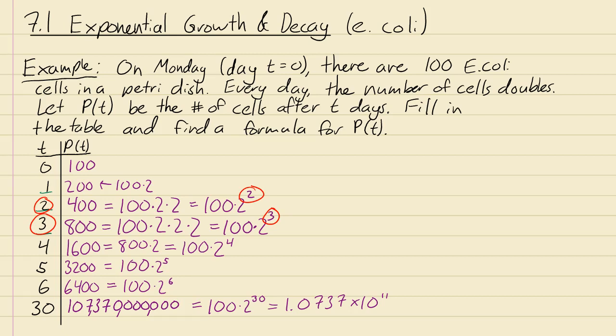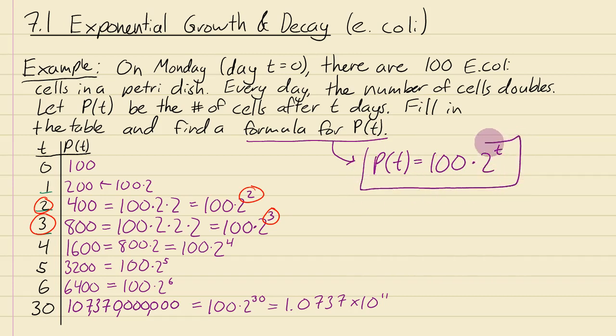So it looks like the formula for p of t should be p of t equals 100 times 2 to the power t. And this is our first example of an exponential function. It's called an exponential function because the input ends up in the exponent of an exponential expression like this.